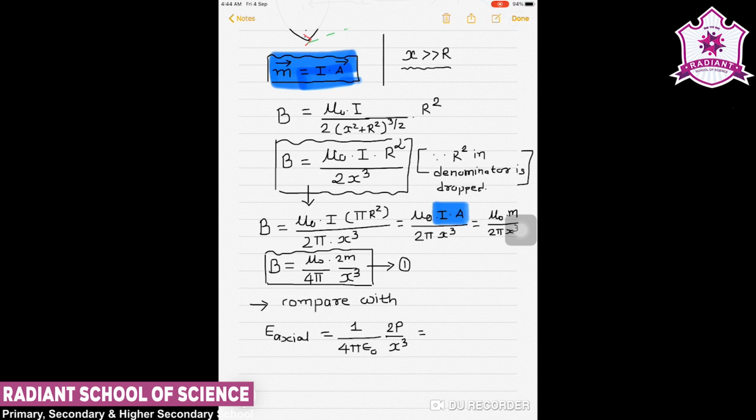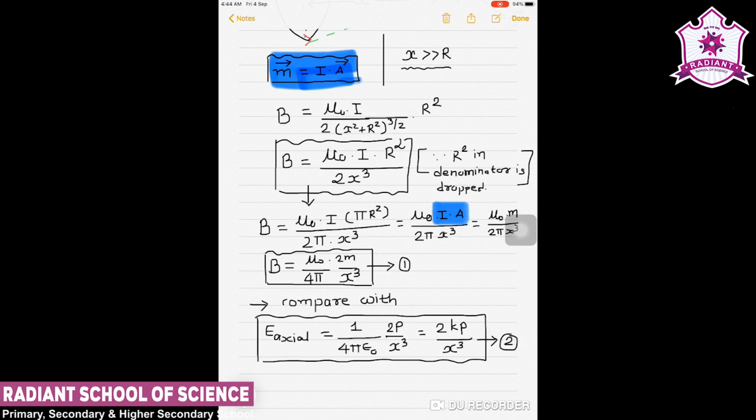So it was also written as 2kp over x cube.